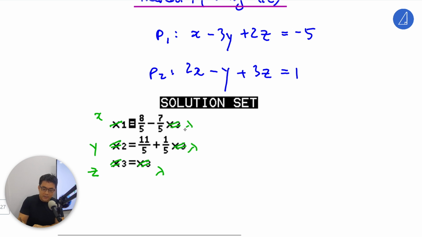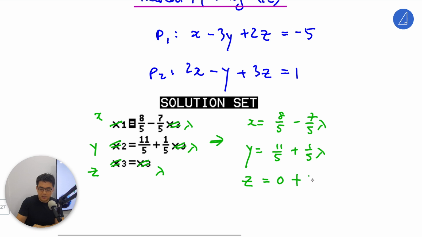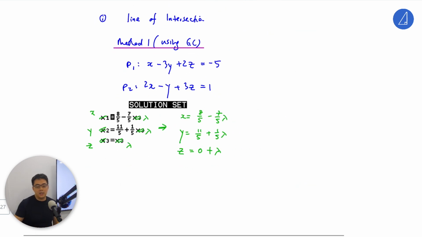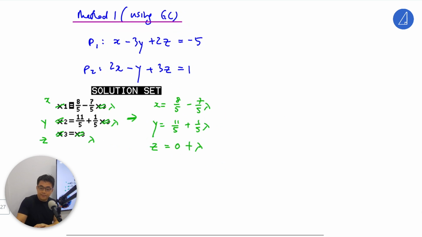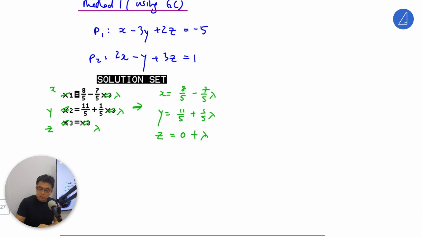So you see x equals 8/5 minus 7/5 lambda, y equals 11/5 plus 1/5 lambda, z equals 0 plus lambda. Your calculator always tries its best to let z equal 0 plus lambda. Once this is done, it should be fine.